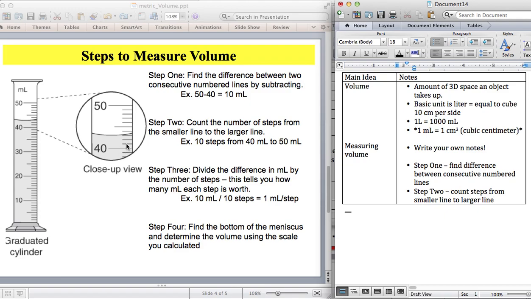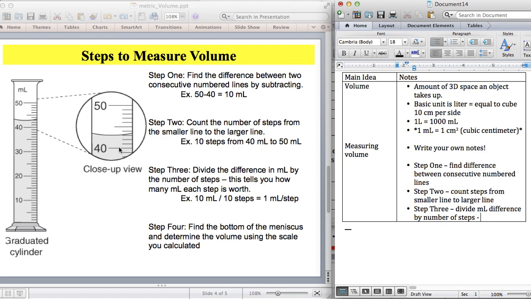So 1, 2, 3, 4, 5, 6, 7, 8, 9, 10. 10 steps. Step 3, divide the milliliter difference by the number of steps. And this gives you how many milliliters each step is worth.